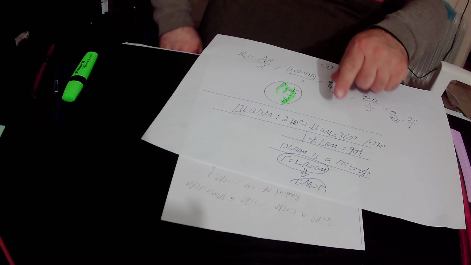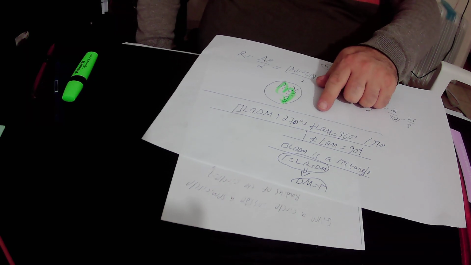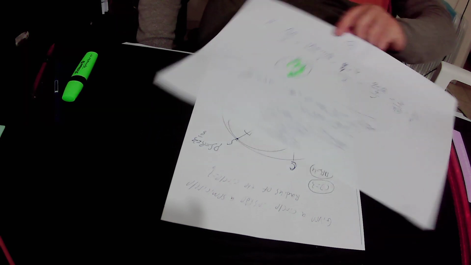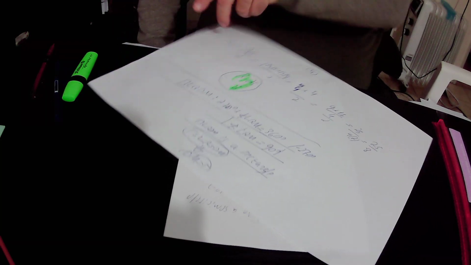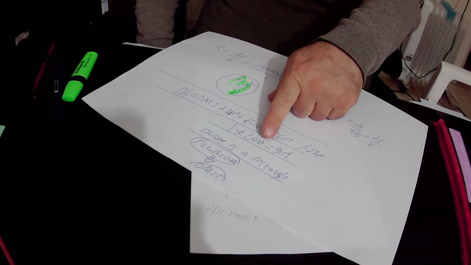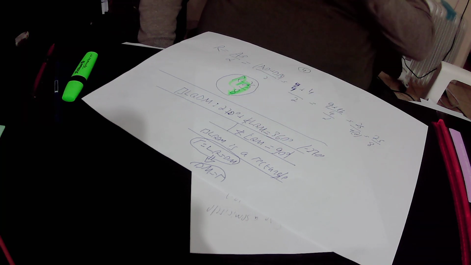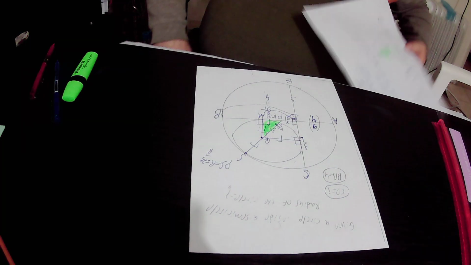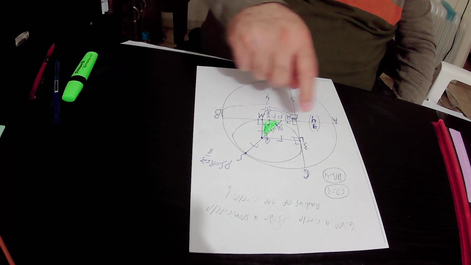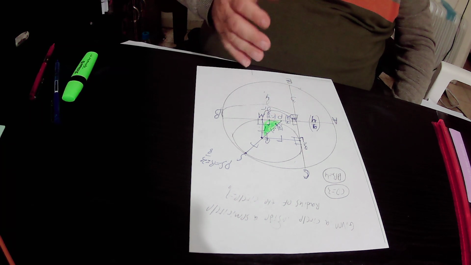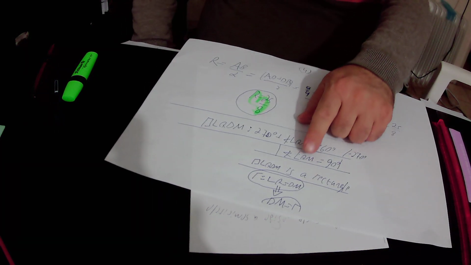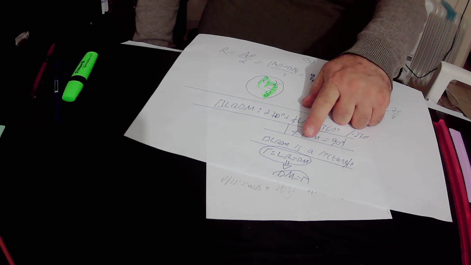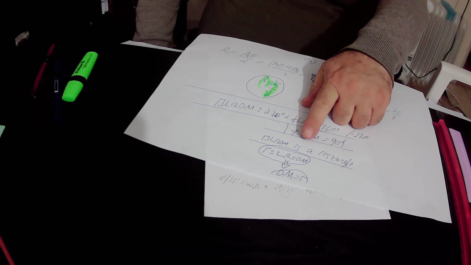Okay, here I wrote down that quadrilateral LQDM is a rectangle. And we know that the opposite sides of a rectangle are equal to each other. So in rectangle LQDM, its opposite sides are equal to each other. That is to say LQ equals DM.